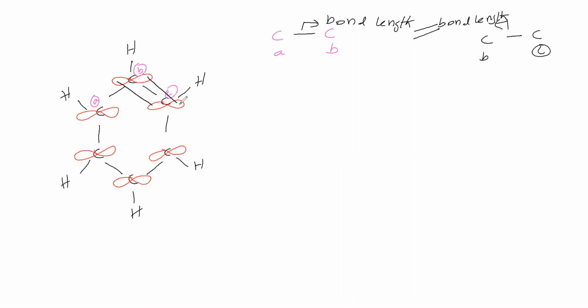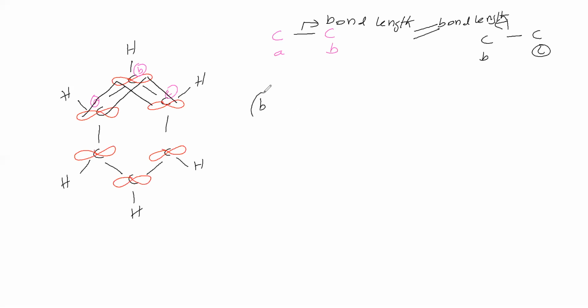This p orbital down lobe and this p orbital down lobe overlap laterally. Simultaneously, this p orbital above lobe is overlapping laterally with this p orbital above lobe, and the below lobes likewise, to the same extent.